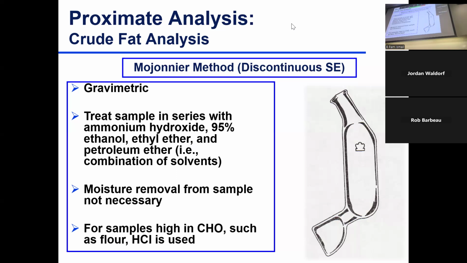With shaking, it's easy for the fat to be solubilized in your solvent, and we do that three times. You collect the pan, dry the solvent, and then weigh the pan again, and you get the total fat weight by the difference, removing the weight of the pan.